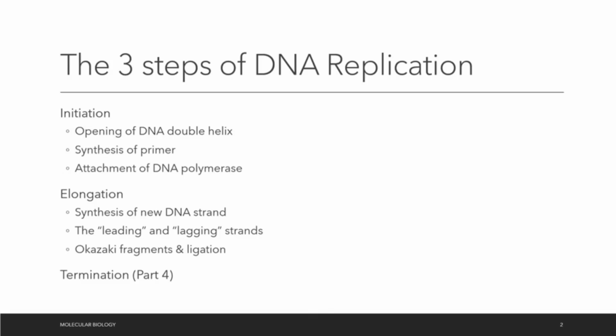On the lagging strand, DNA synthesis is performed discontinuously. So there are fragments of DNA being synthesized called Okazaki fragments, and they are ligated later on using DNA ligase. At the end, DNA replication has to finish when the entire DNA has been replicated. We'll talk about termination in more detail in part 4.